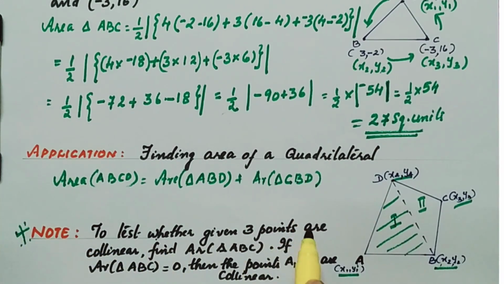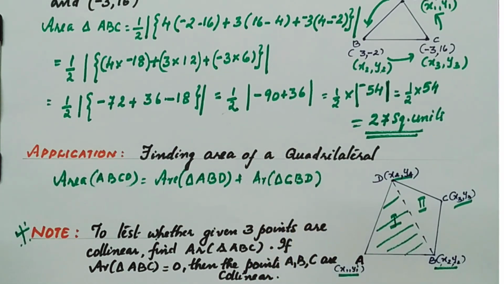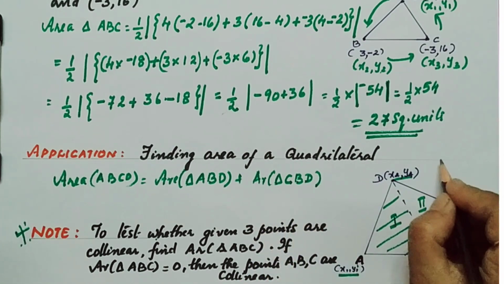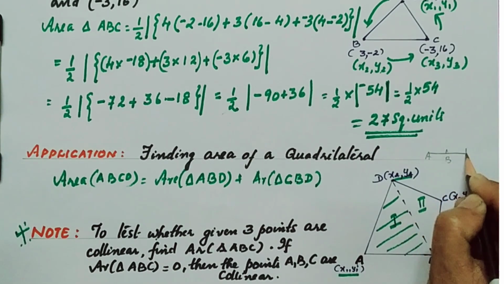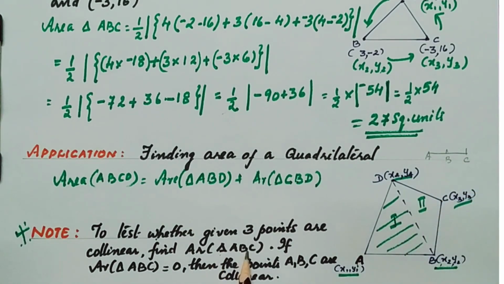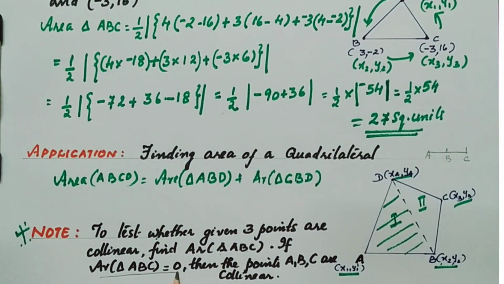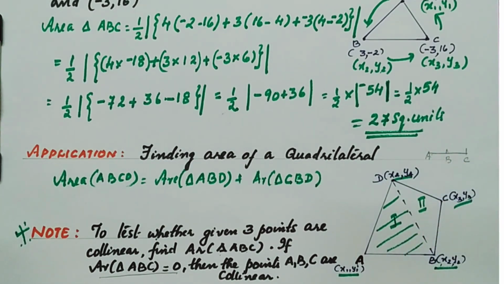To test whether given points are collinear, you need to find the area of a triangle ABC. For example, suppose 3 coordinates are given. When finding the area of the triangle ABC, if the answer is equal to 0, it means that a triangle can't be formed.